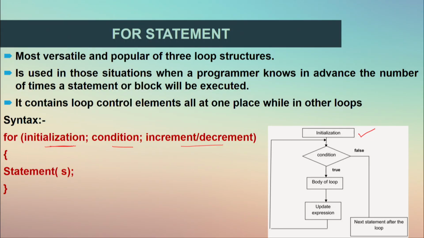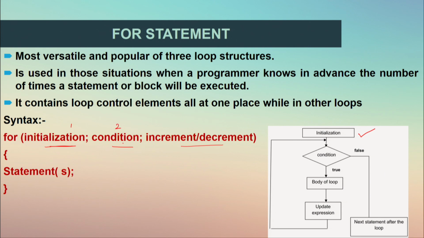If the condition is true, then after executing the body of the loop, we will be updating the increment or the control variable. So, let us see with the for loop syntax that the initialization part will be executed once, then it checks for the condition as the second step.